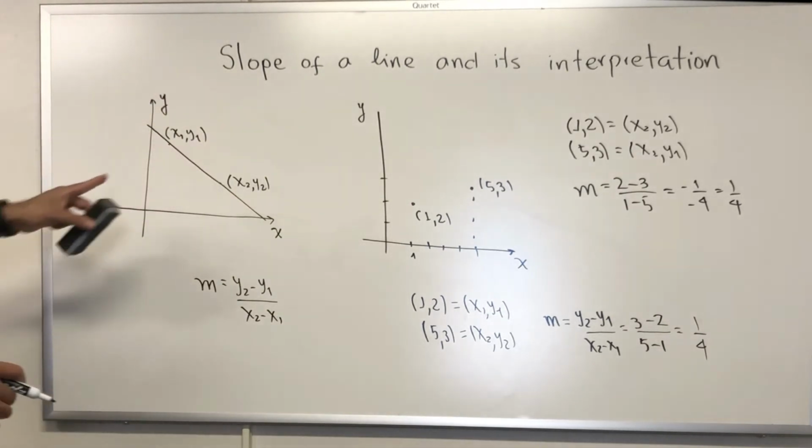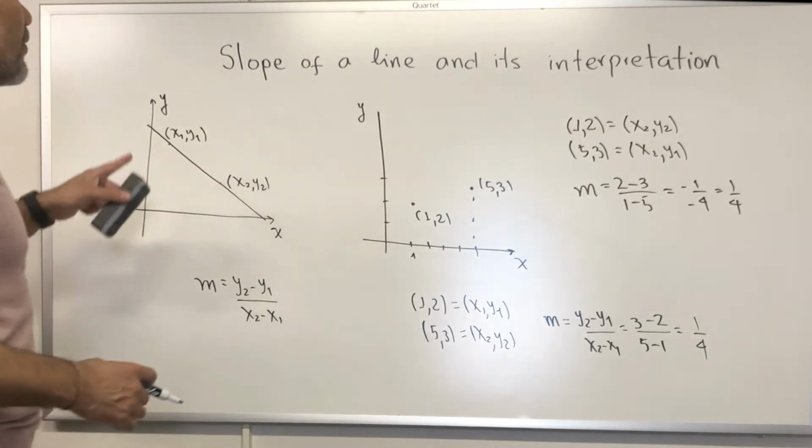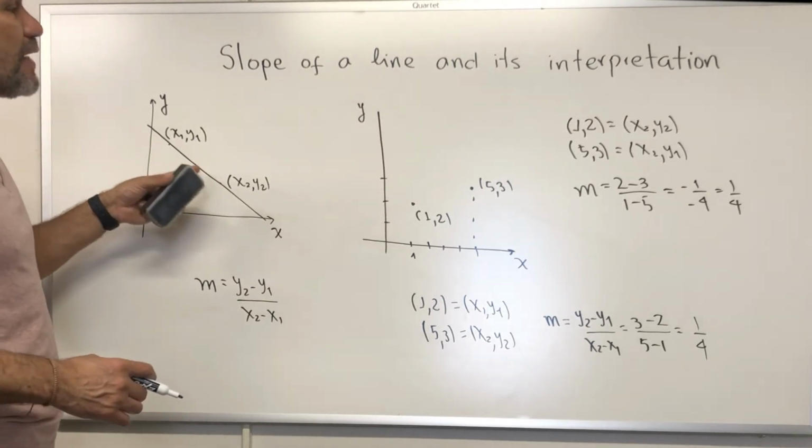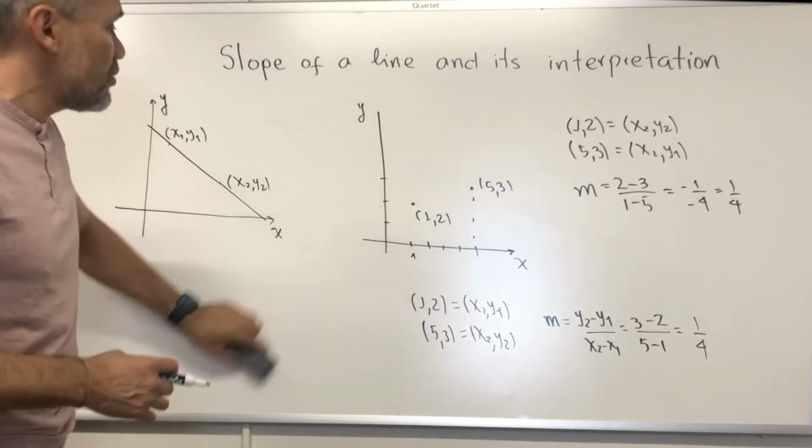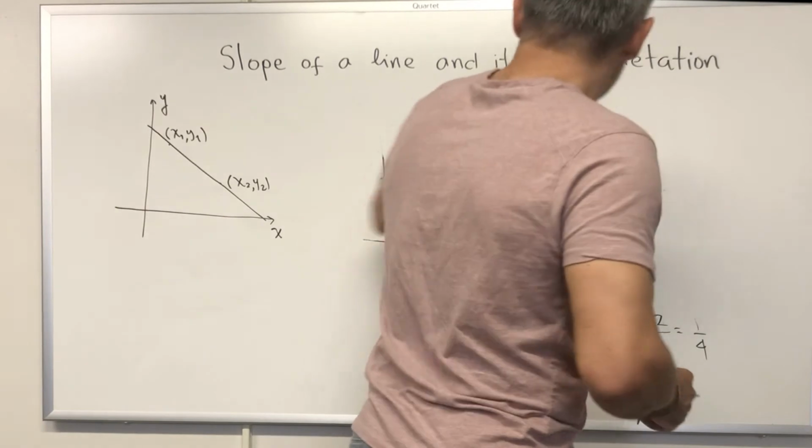The interpretation of a line is the rate of change of the function that line represents. Let me just tell you about the rate of change of any function.